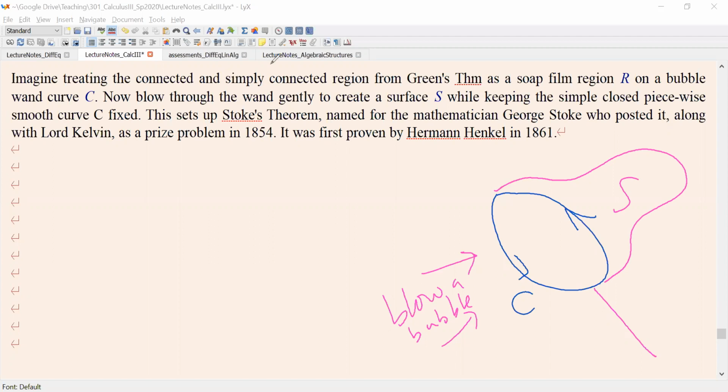And that surface connects down with our curve that hasn't changed. And so we can describe this curve as being the boundary of that surface.